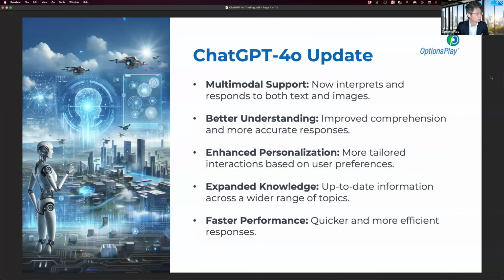So let's take a look at the ChatGPT-4o update. When we think about the ChatGPT-4o update, the most important part is the fact that 4o stands for omni-channel.